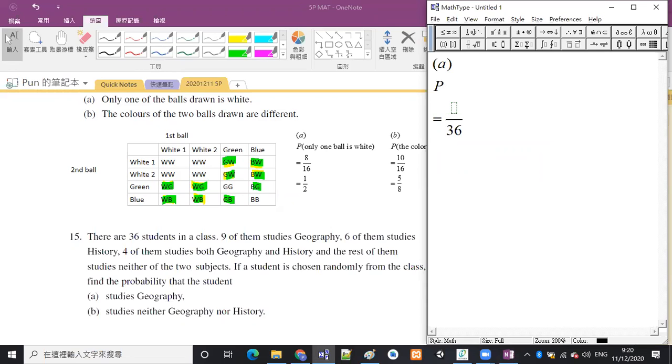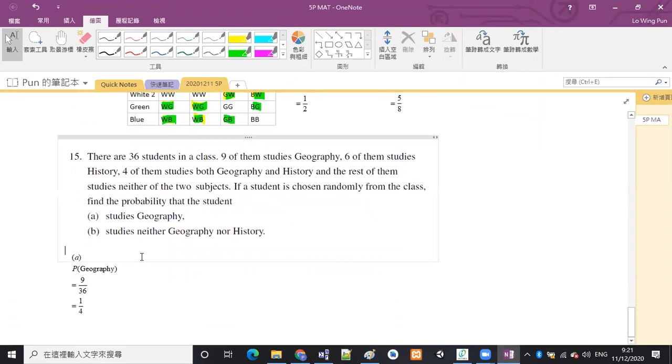There will be 36, right? And then to find the probability, we are going to find the students that studies geography. Among the 36 students, how many of them studies geography? So that is very easy, just 9. Okay? So the answer is 1/4, like this.